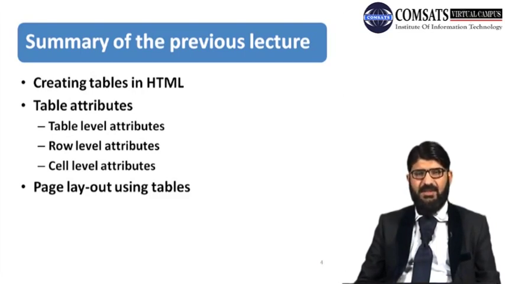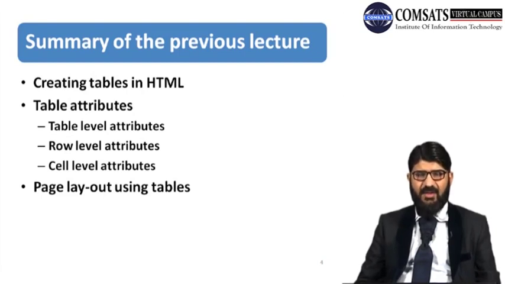We have also seen the border attribute, in which the width of the border is given, through which the table border is given. And then we have seen cell level attributes, in which a cell content is aligned either left, right or center.